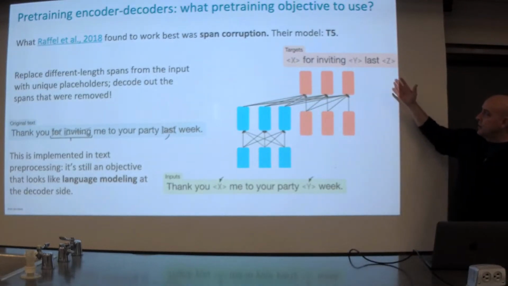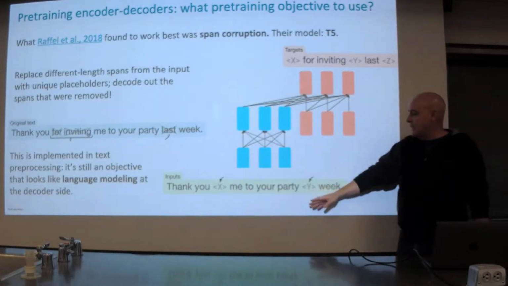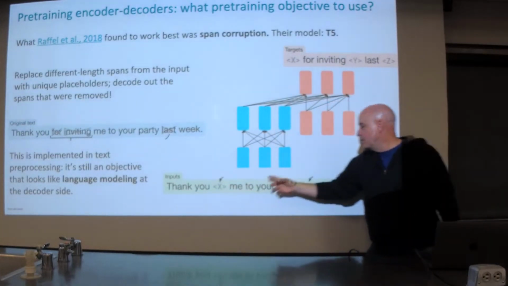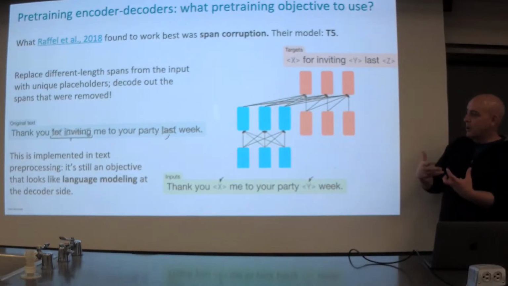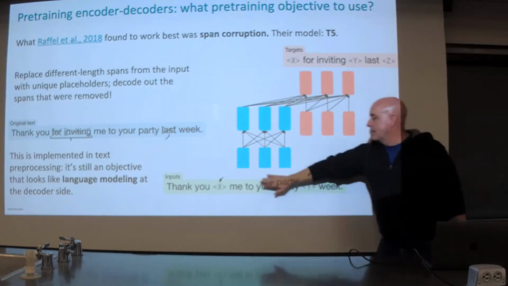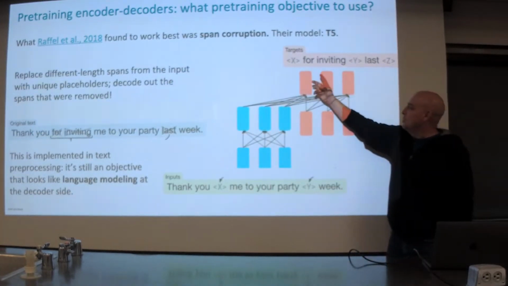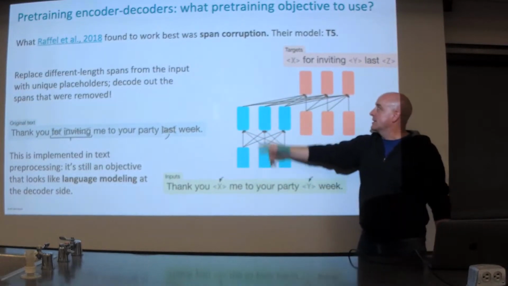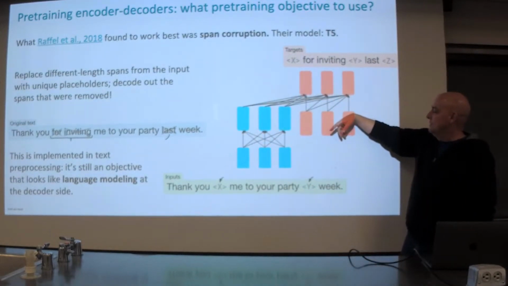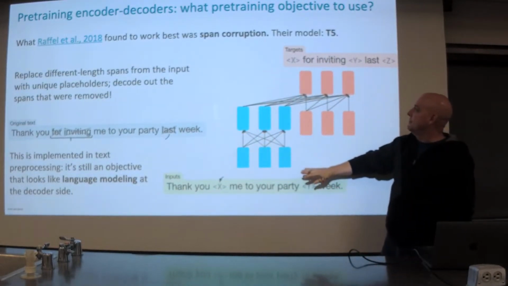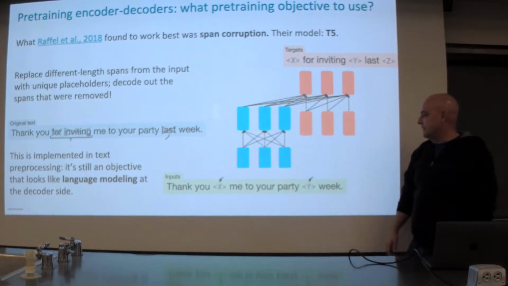If you're not doing a translation task, you could still pre-train this. The way they do this is your input removes a bunch of parts of the sentence, or masks them, and on the other side you do the inverse. You mask the things you didn't mask here, and you basically want it to learn to produce the entire sentence.